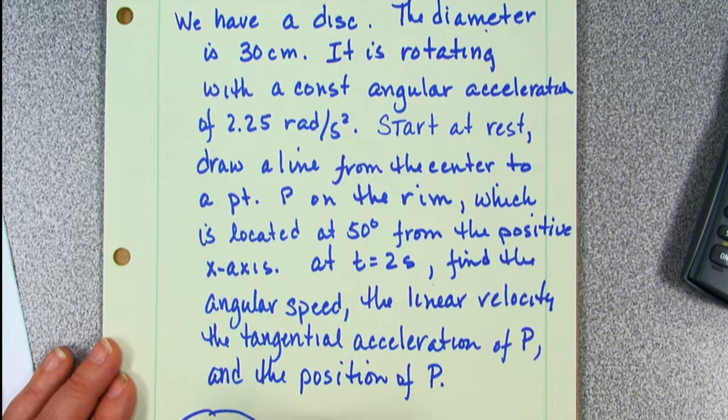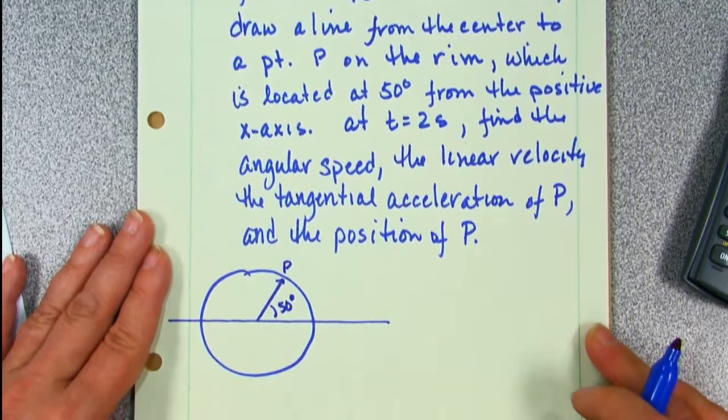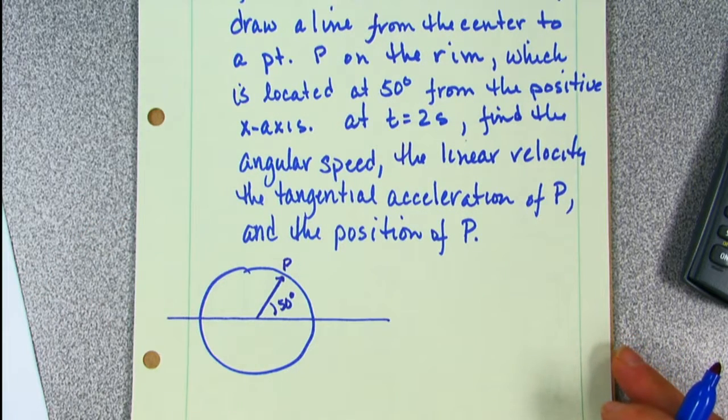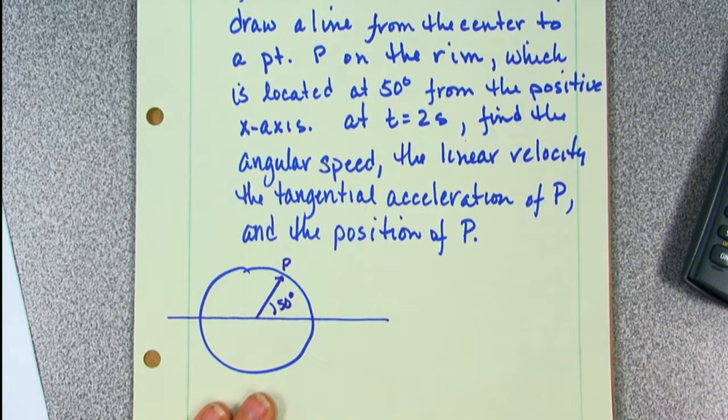There's my P, because that's 50 degrees. So that's the first thing: I got to know where my point P is.